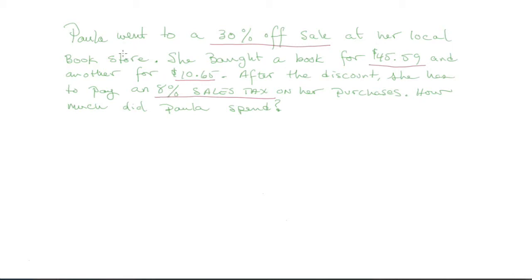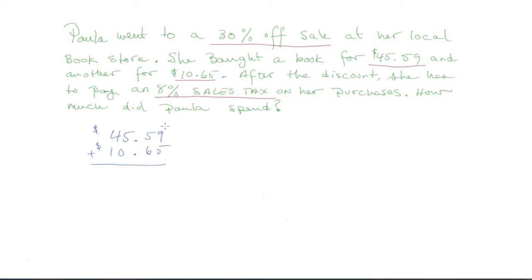So if she didn't have to pay taxes or have a 30% off sale, then what she would have to pay is the $45.59 and also for the second book, $10.65.